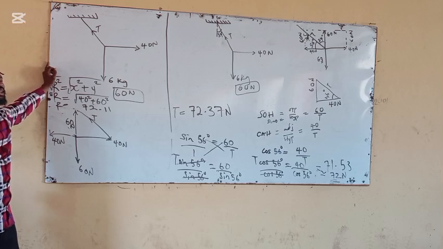And you gave me the same answer. Yes, that's because you understand the concept of putting your sin and cos well. But you see that it's not everybody that understands that concept.